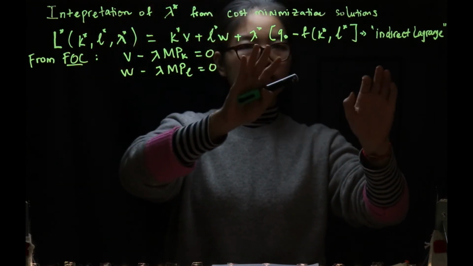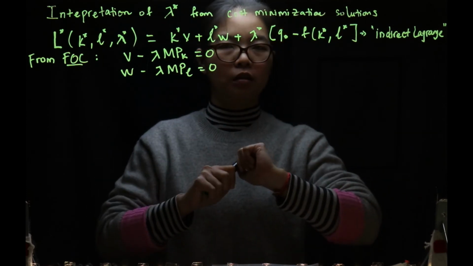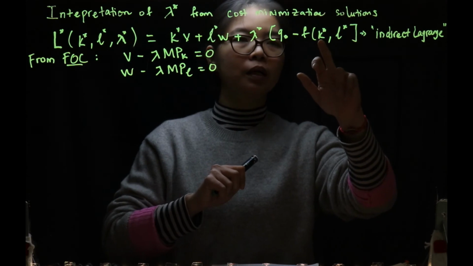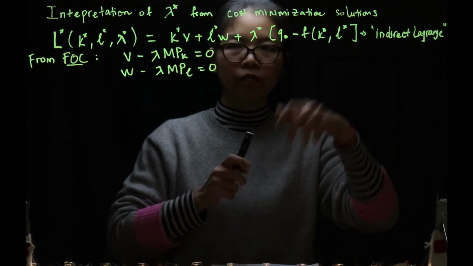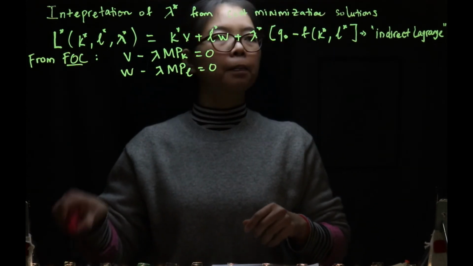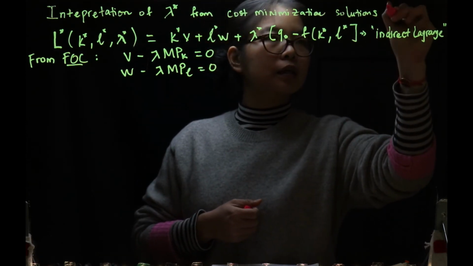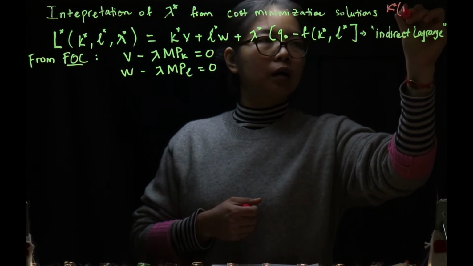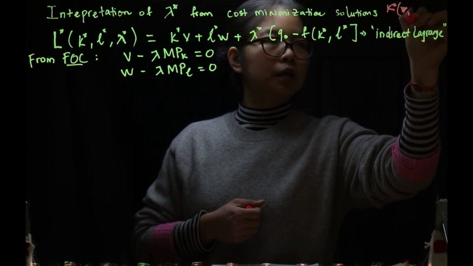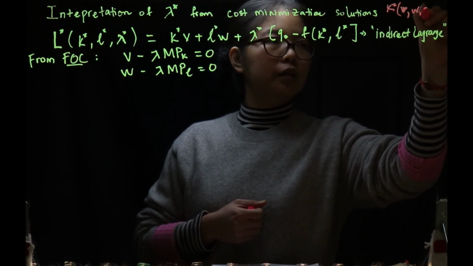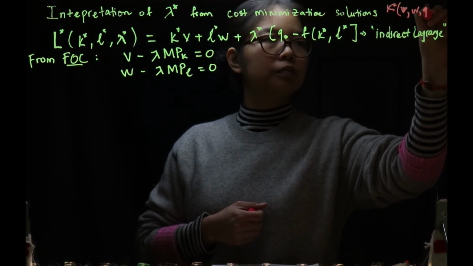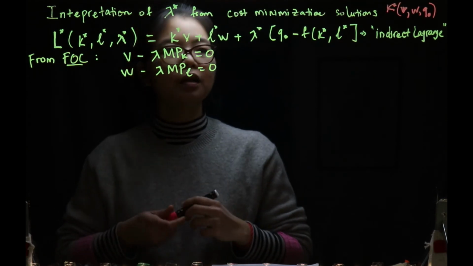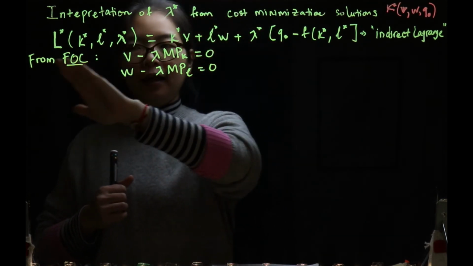After solving the minimization problem, we arrive at the optimum K star and L star, which are functions of V, W, and Q0.